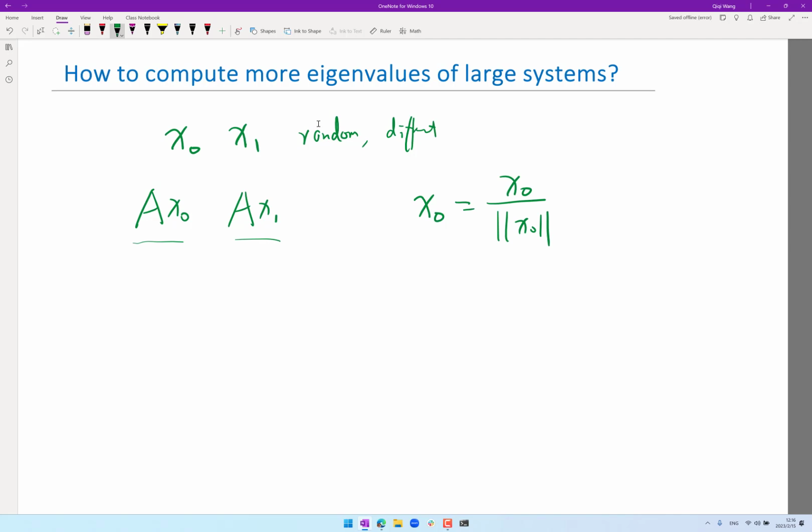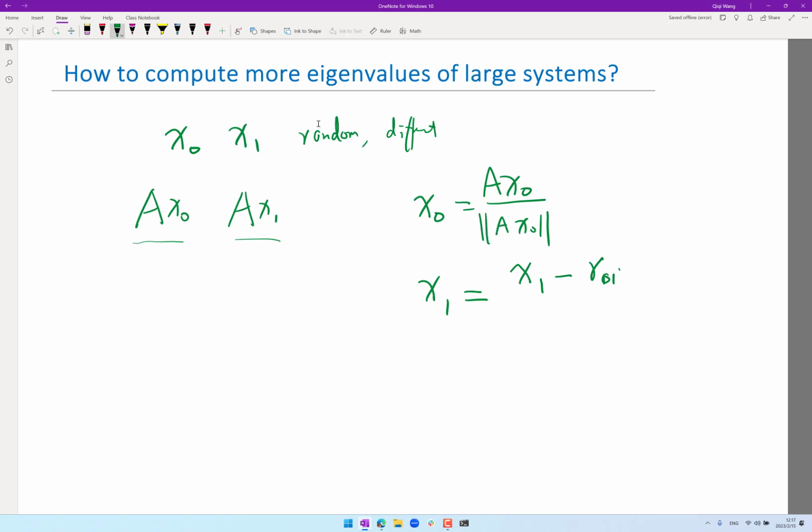So what I'm doing is what's called a Gram-Schmidt orthonormalization. x1 is going to be equal to x1 minus r01 times ax0, where ax0 is normalized by the magnitude of ax0.